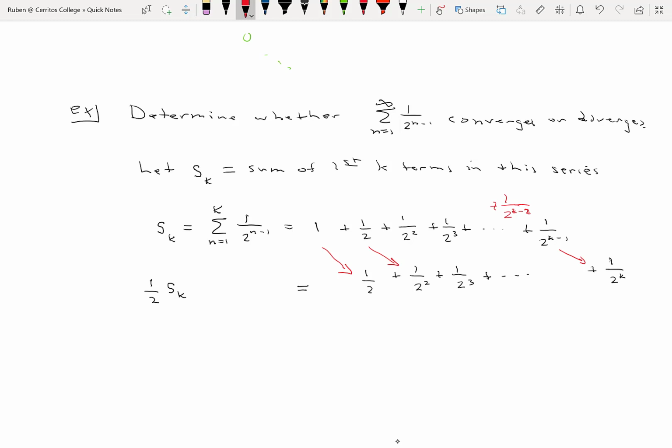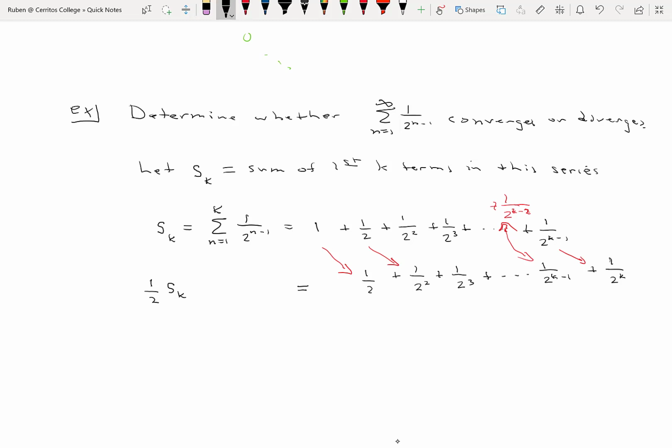If I multiplied that by 1/2, I'd get 1 over 2 to the k minus 1. So I just slipped another term in there to see what would be right beneath 1 over 2 to the k minus 1.